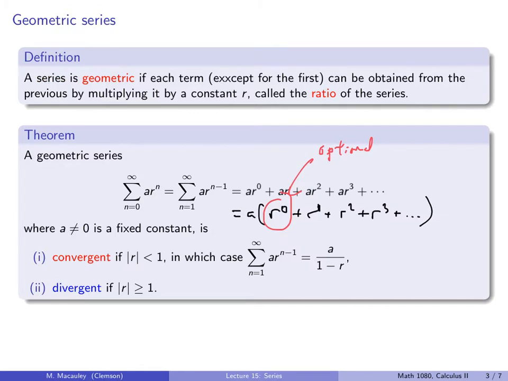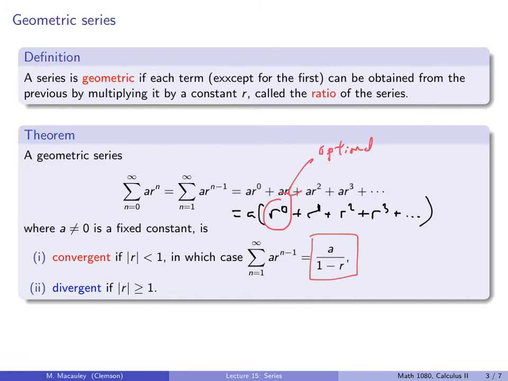So we're adding up powers of 1/2 or 1/3, etc. And it's divergent if r is at least as big as 1. So if r equals 1, then we're just adding up a times 1 plus 1 plus 1 plus 1, etc., and that's going to diverge. Otherwise, we get something that decreases to 0 exponentially fast, and the thing that I want you to know is this formula right there.